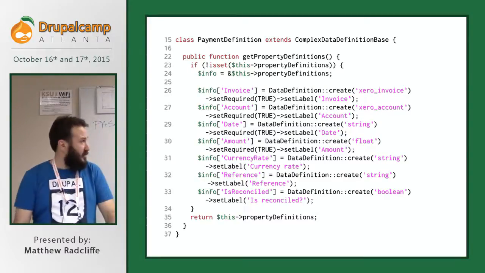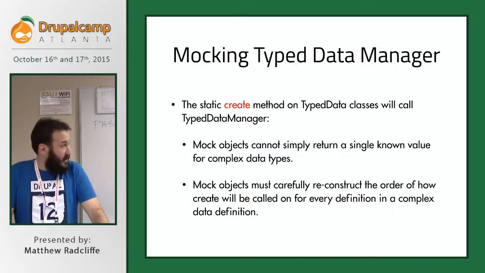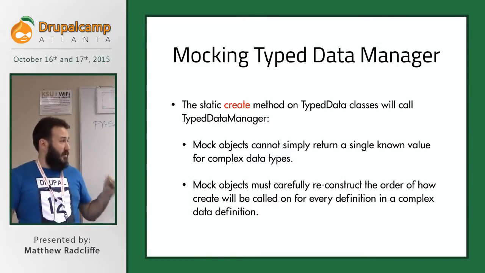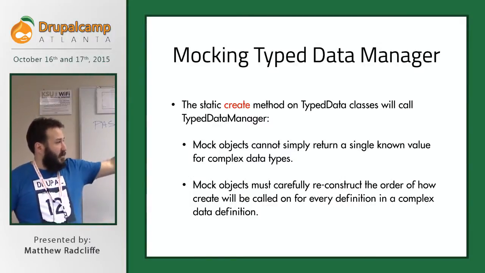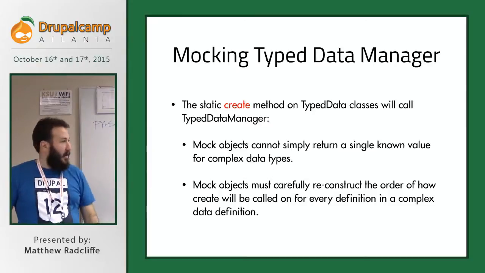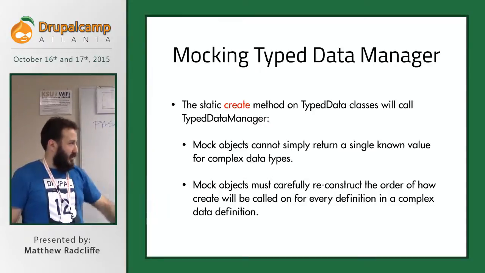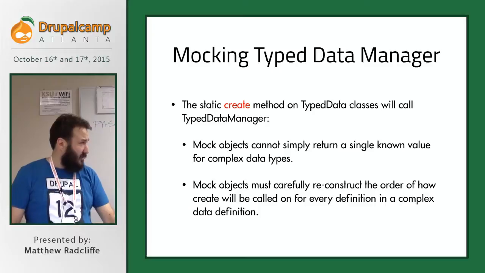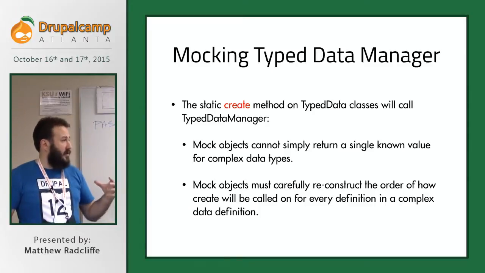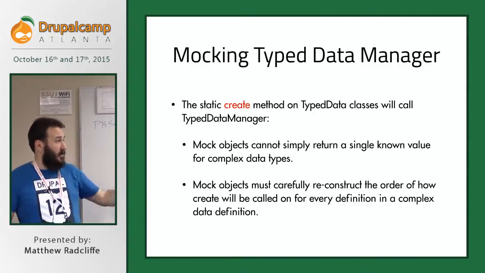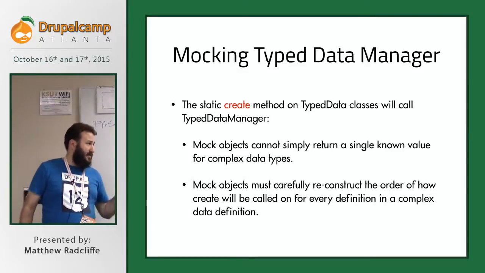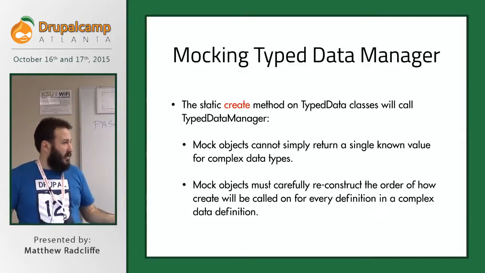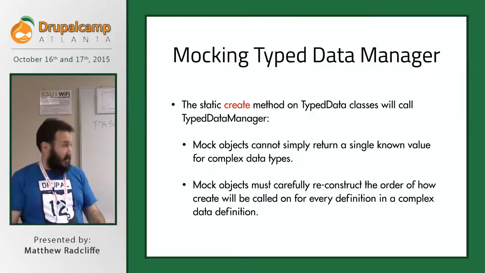Yeah, it's really easy. But if I need to mock type data manager, I need to do some important things. We have this static create method, and it will call itself. It will call type data manager. I need to mock objects, and the mock objects can't simply return one known thing because of that.